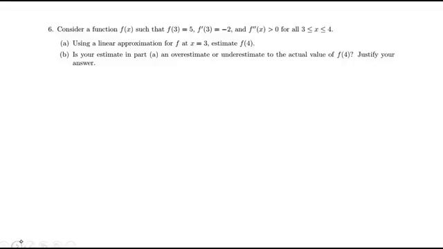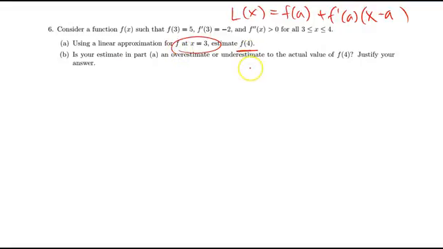All right. We're going to use our linear approximation again, right? Which is f of a plus f prime of a times x minus a. Okay, use it at x equals 3 and estimate 4. So let's first fill in.